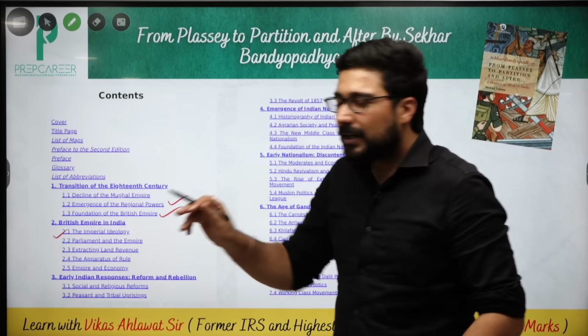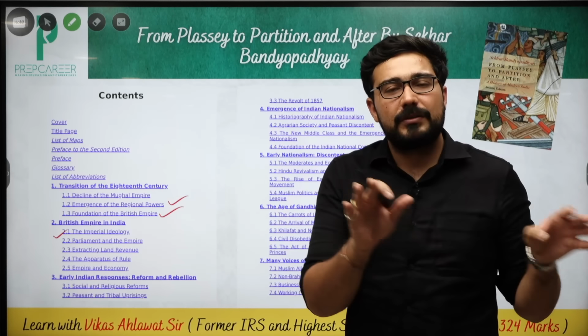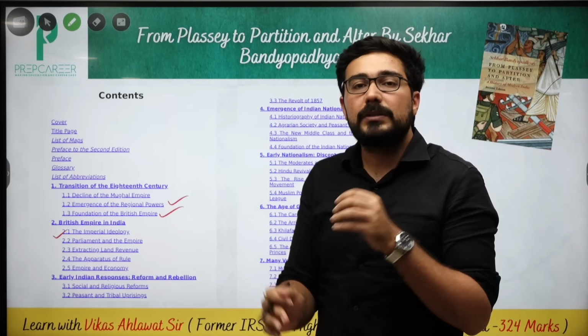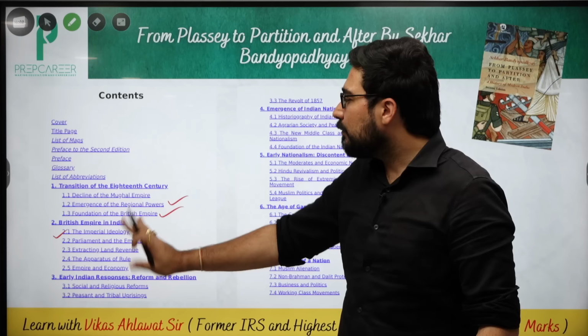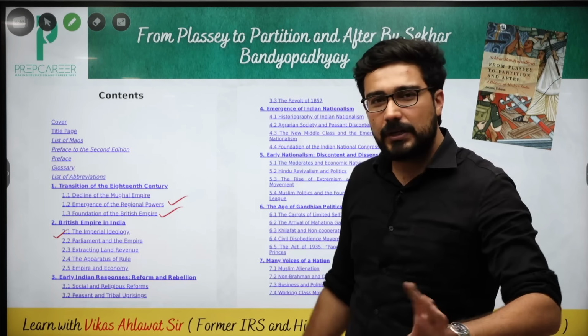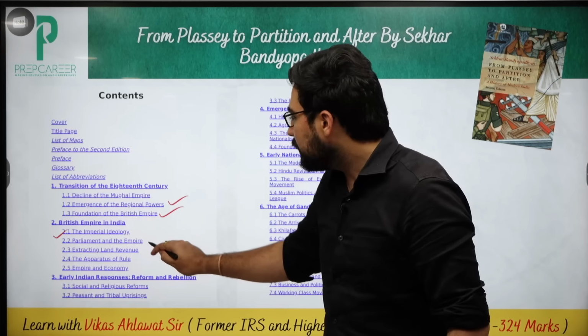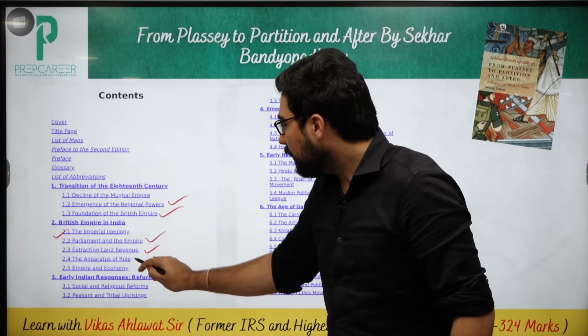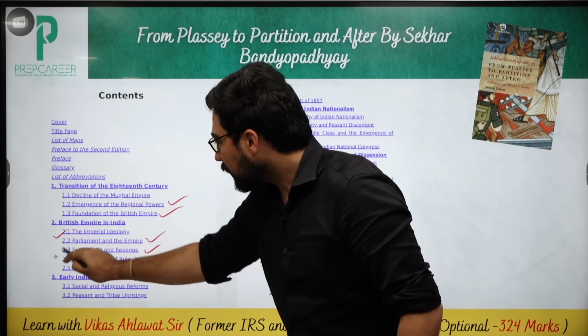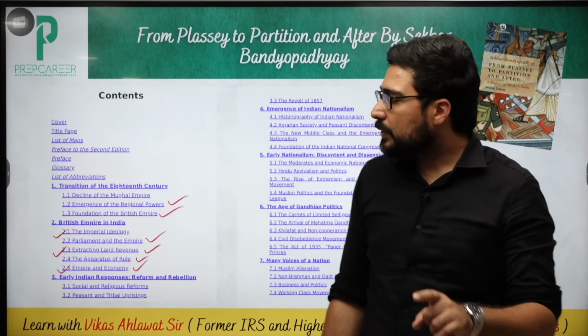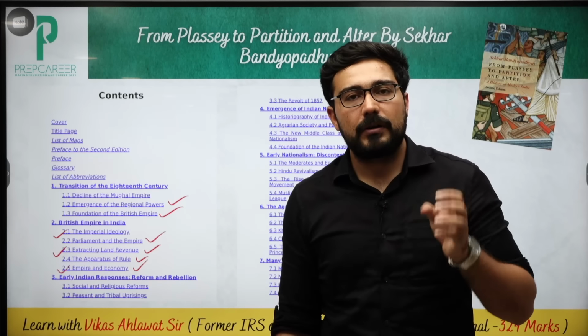2.1 is not that much important from exam point of view, but just to get an understanding of what was this imperial ideology. So I won't make much notes from 2.1. This is just for the sake of understanding. 2.2 is important. Okay, 3, 4, 5. 2.3 and 2.5 cover the whole of the economic impact of the British rule on India.